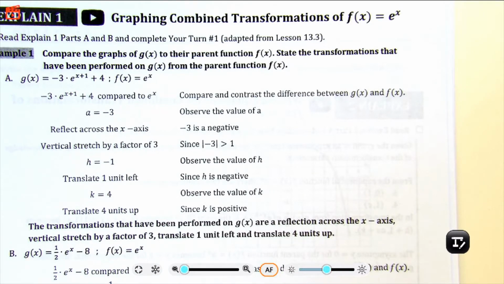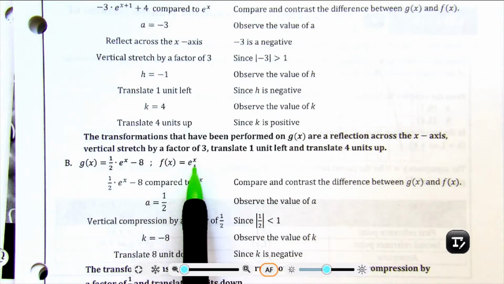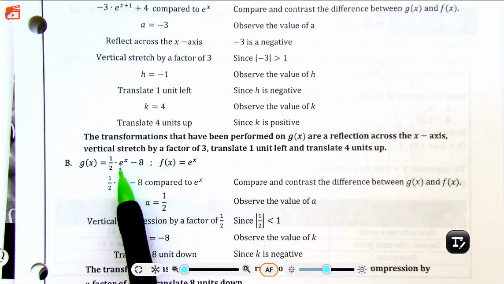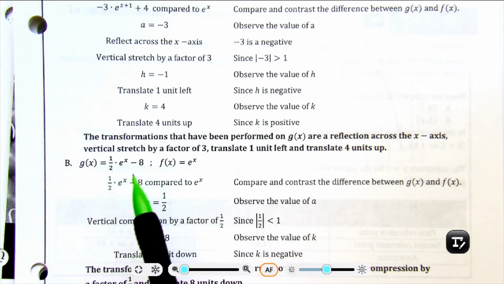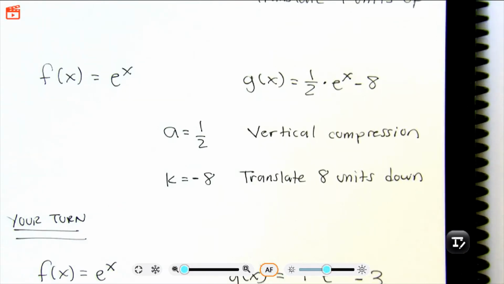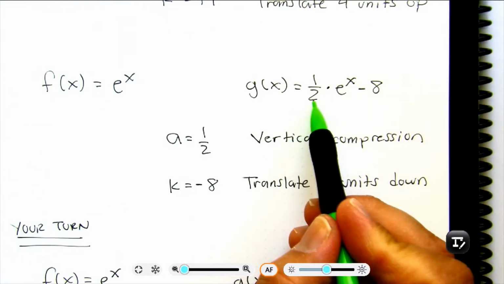Let's look at another example. The parent function, again, is f of x equals e to the x power, and the transformation function is g of x equals 1/2 times e to the x power, minus 8. We notice that a is a half, and k is negative 8.